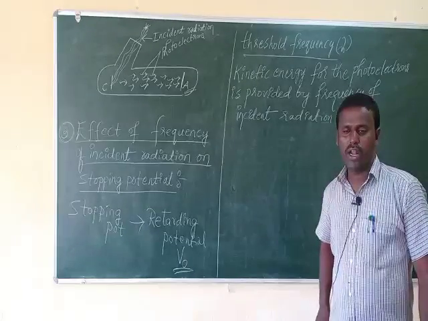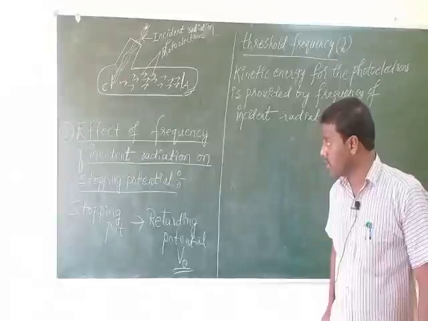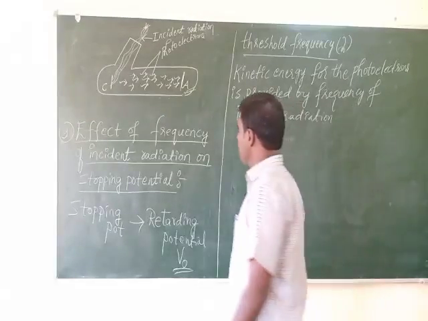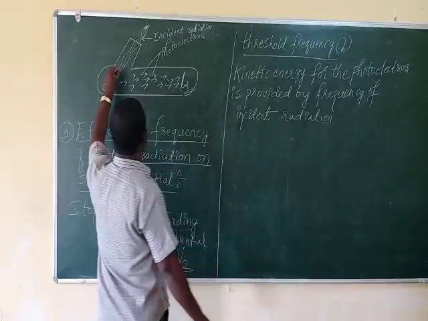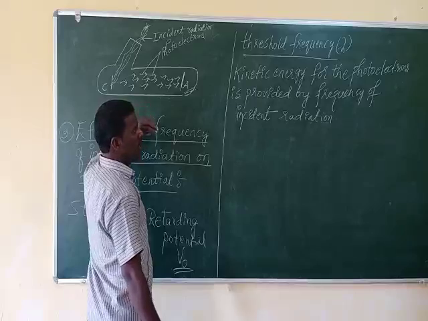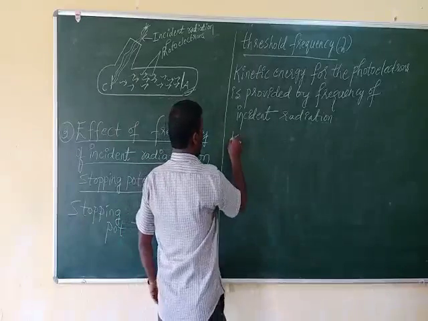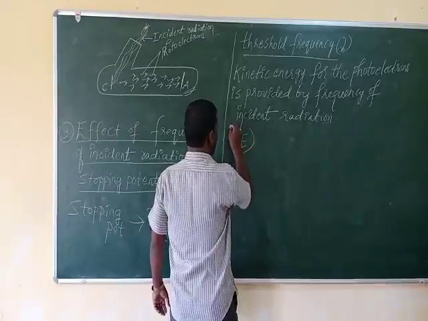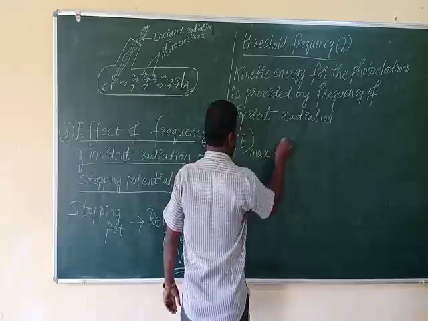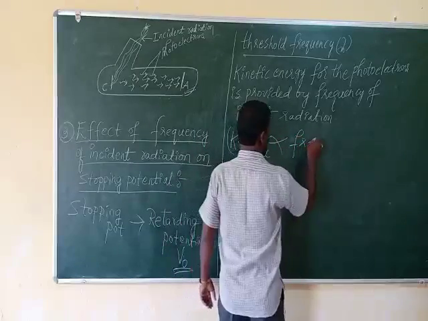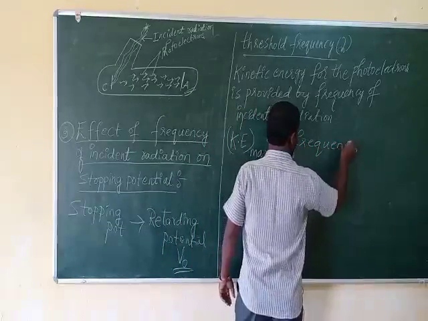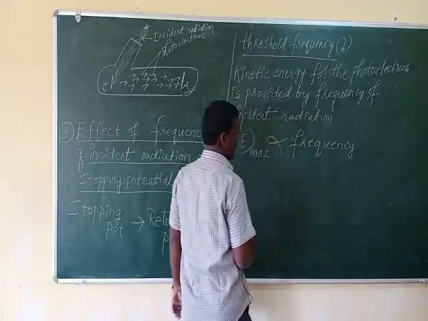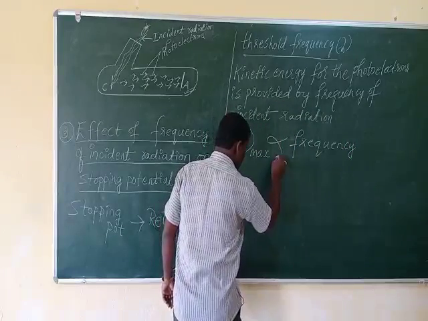The photoelectrons will have more kinetic energy. So here the maximum kinetic energy depends on the frequency of incident radiation. Now I am going to draw a graph here.